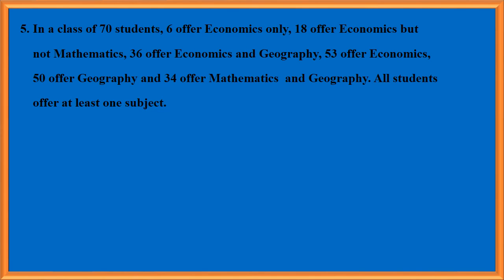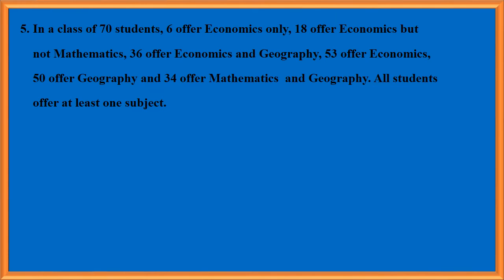Let's look at example 5 here. In a class of 70 students, 6 offer economics only, 18 offer economics but not mathematics, 36 offer economics and geography, 53 offer economics, 50 offer geography, and 34 offer mathematics and geography.